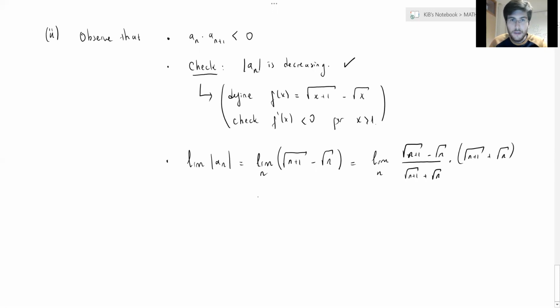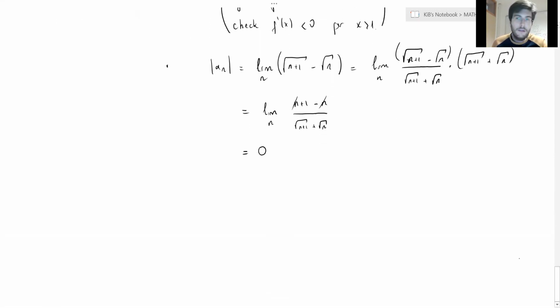If you do this, you have a difference of two squares: n plus 1 minus n, divided by square root of n plus 1 plus square root of n. As n gets larger and larger, this approaches 0.